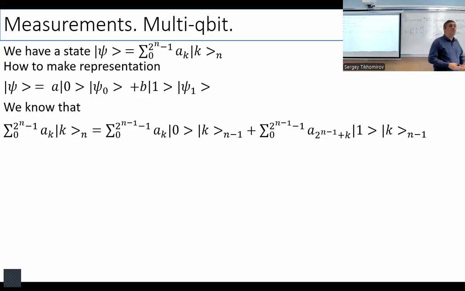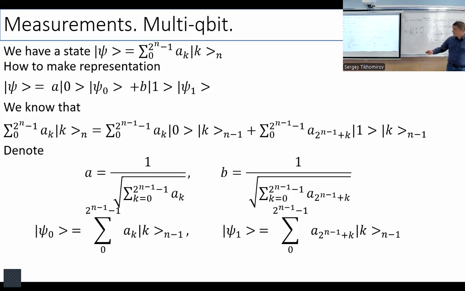So I need to normalize, and this is how I do this. As psi 0, I take the first half of the sum. As psi 1, I take the second part of the sum. And they need to have coefficients in front of them. And this is my homework done.